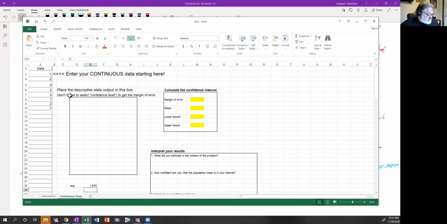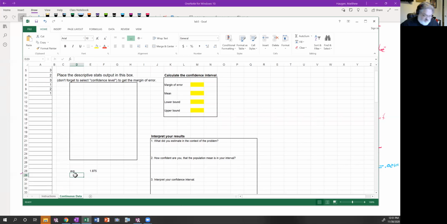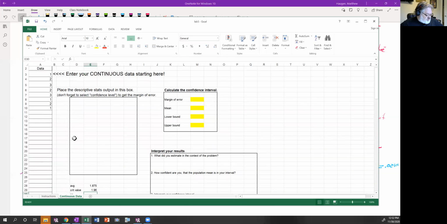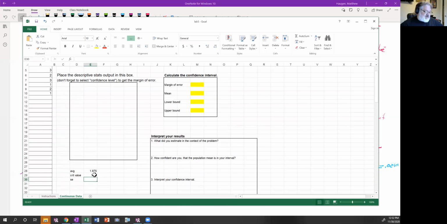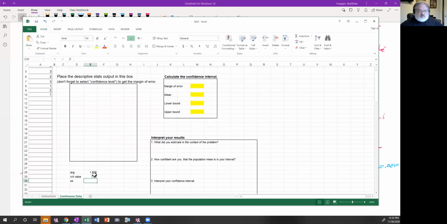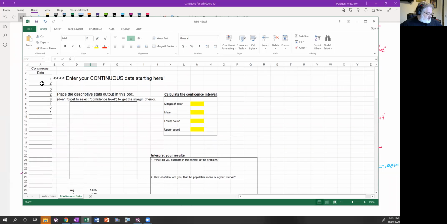And then for our particular case, we want 95%, so we would need a critical value. What's the critical value for 95%? 1.96, right? And then for standard error, well, I guess the critical value should be a t, shouldn't it? So what's the t-score for 95% for a sample of 1, 2, 3, 4, 5, 6, 7, 8?